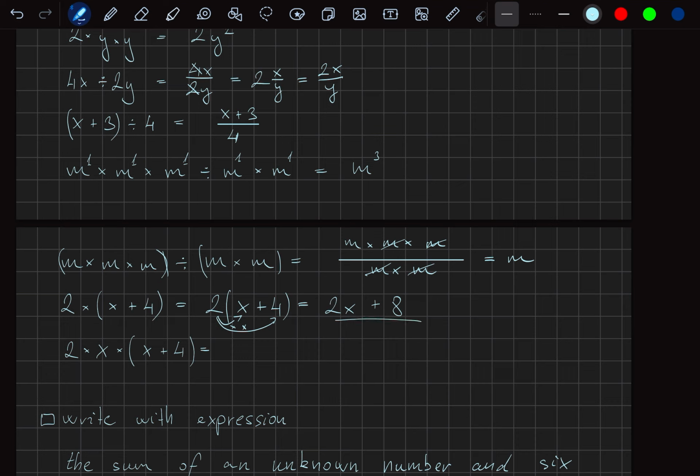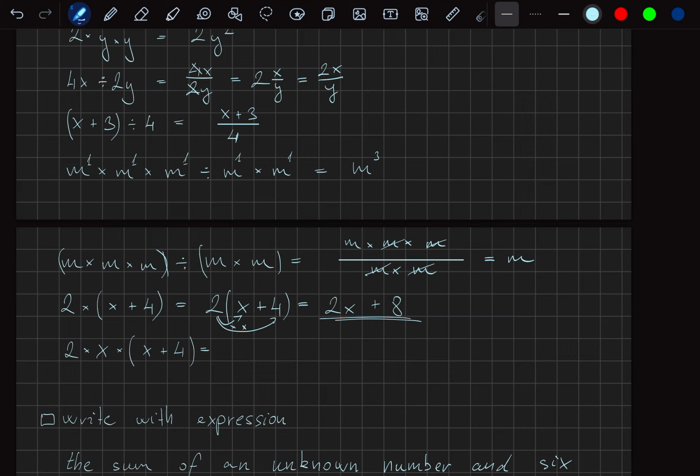And this is the final form. It's not 10x or something else. It's 2x plus 8. If I say x equals 4, then it's 2 times 4 plus 8. We can solve this, it's 16, but right now this is the final answer.